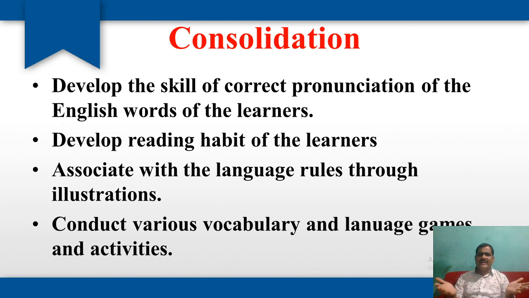Reading material at the level of their learning should be provided to the learners to read voraciously. They have to read so that their spelling errors will be minimized. Then associate spelling with language rules through illustrations and examples, so that it will be easy to spell the word correctly. Then various language activities, vocabulary activities, or language games we have to conduct for the learners, so that they can also develop their spelling.